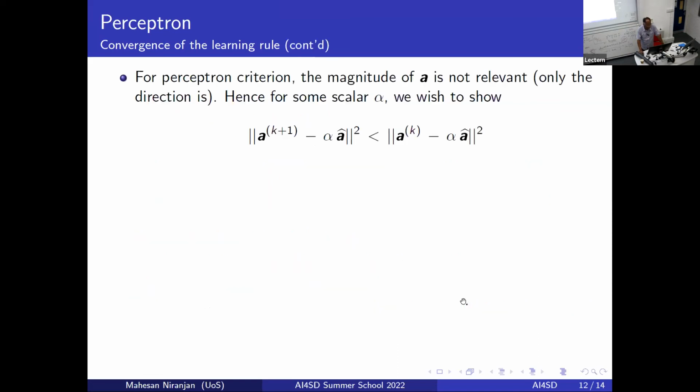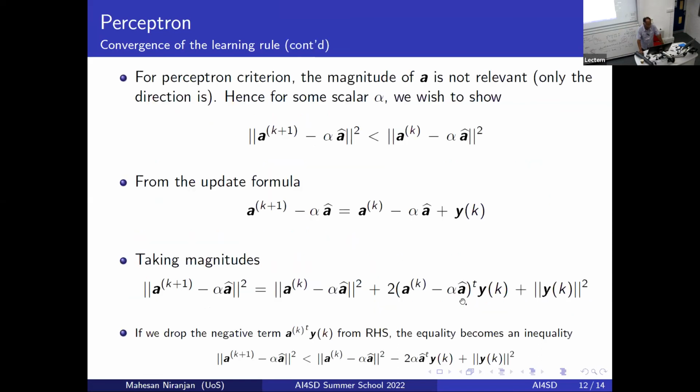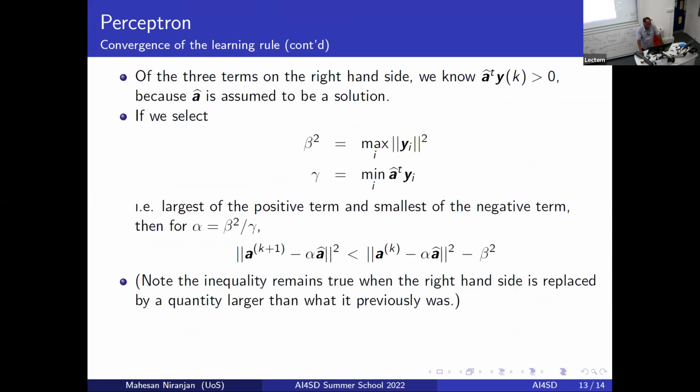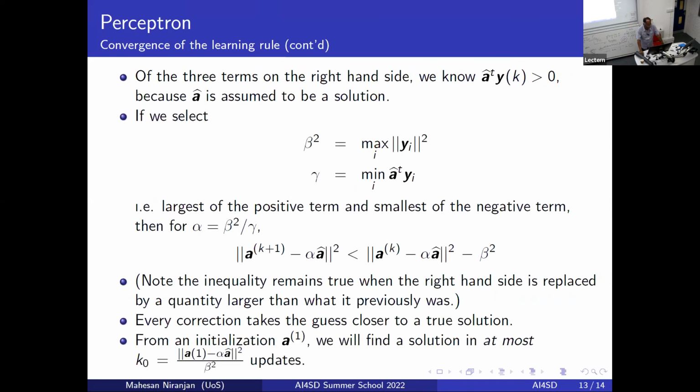And what it will lead to is a result that says that, look at just the last two lines. Every correction I take, by taking a data that's misclassified, I'm going to shift the boundary a little bit. Every correction I take will take me a little bit closer to a true solution if one exists.